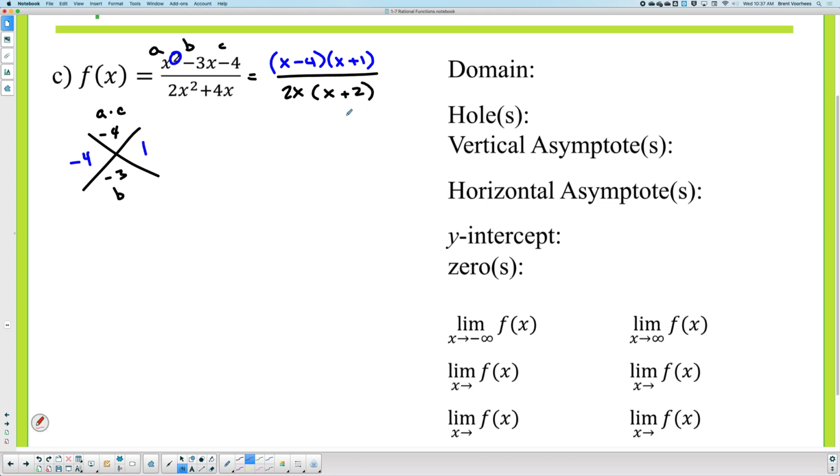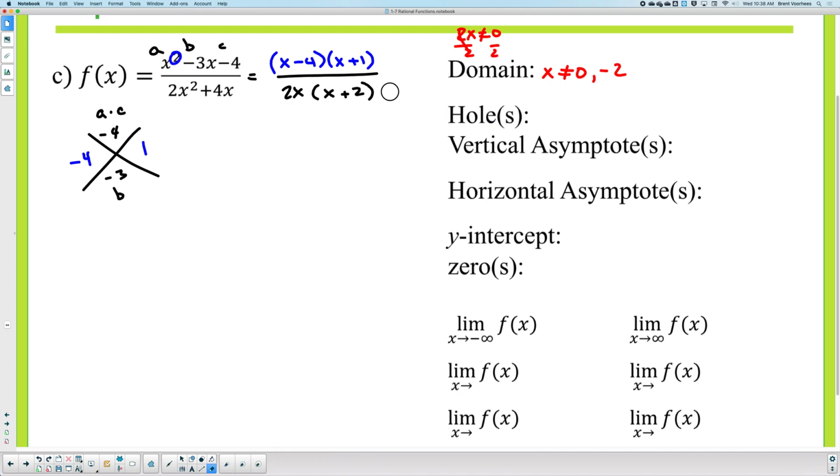All right, from the factored form, how do I get my domain? You can't divide by 0, so what can x not equal? It's 0. You would say 2x does not equal 0, and then you would divide by 2. What is 0 divided by 2? 0. Okay, so it can't equal 0, and what can it not equal right there? -2, good.